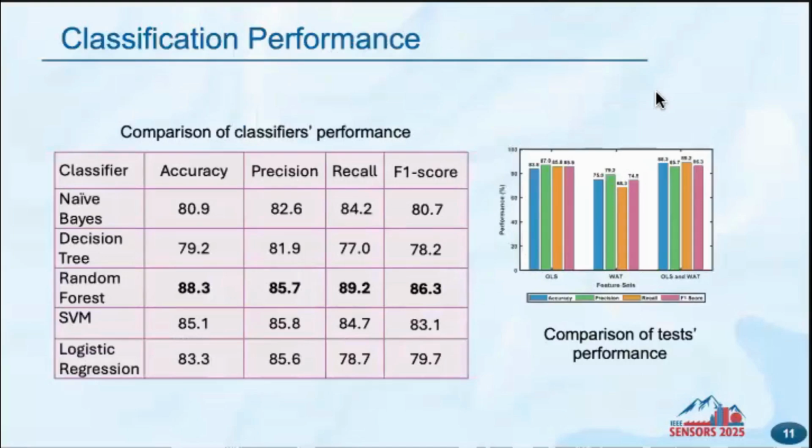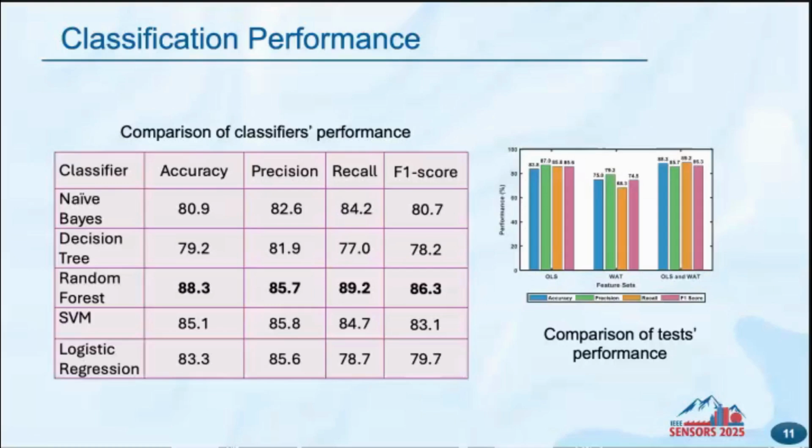So after selecting the most significant features from our dataset, we trained our classifiers and compared these classification methods with each other. As you can see, random forest shows the best performance indices among all of these classifiers, and SVM also shows promising results, which shows that these two classifiers can better distinguish impaired and sober participants.